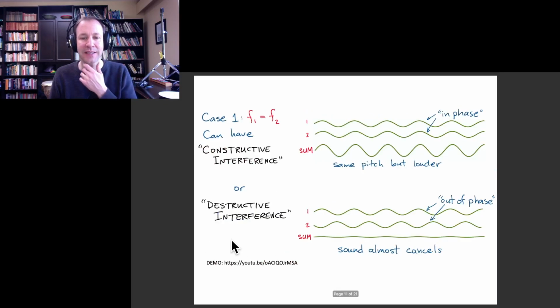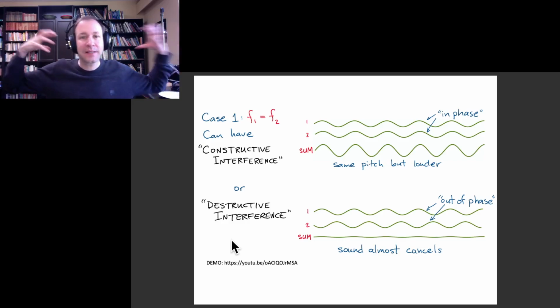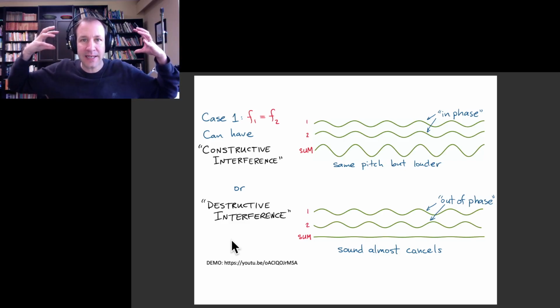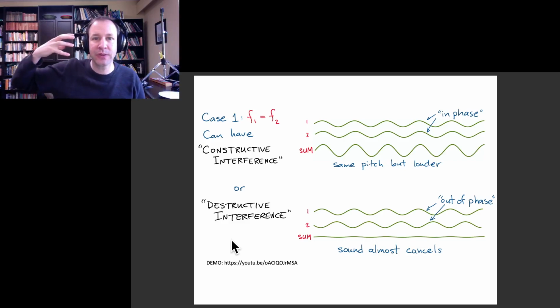And so that's actually the physics behind the noise canceling headphones that you might have experienced. These noise canceling headphones are basically just figuring out what are the sounds coming in from the outside, and then they produce some sounds.